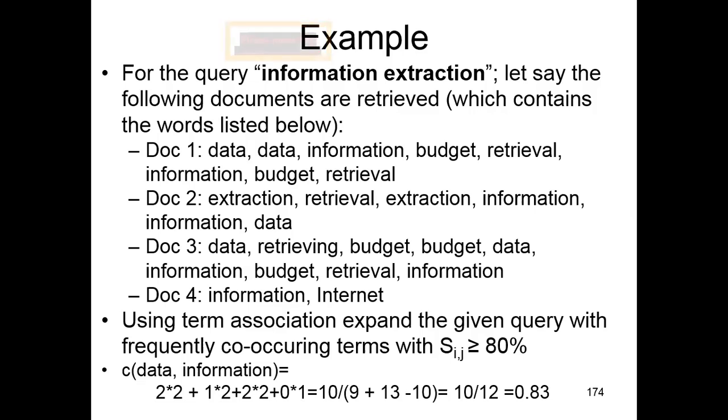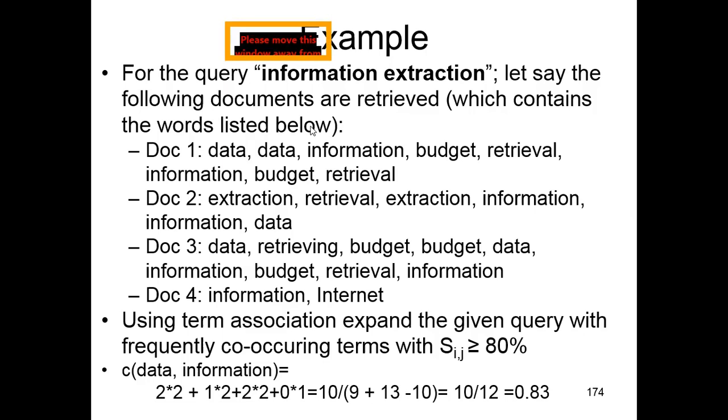Towards that, first we calculate the co-occurrence of data and information in document 1, document 2, document 3, and document 4. Then we sum over all co-occurrences of the two.